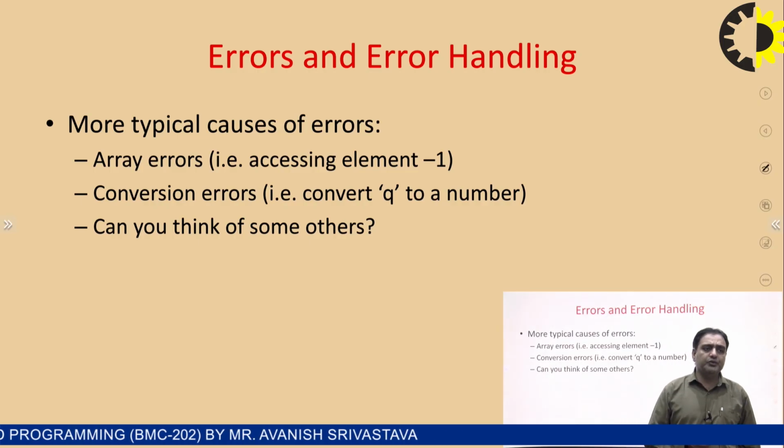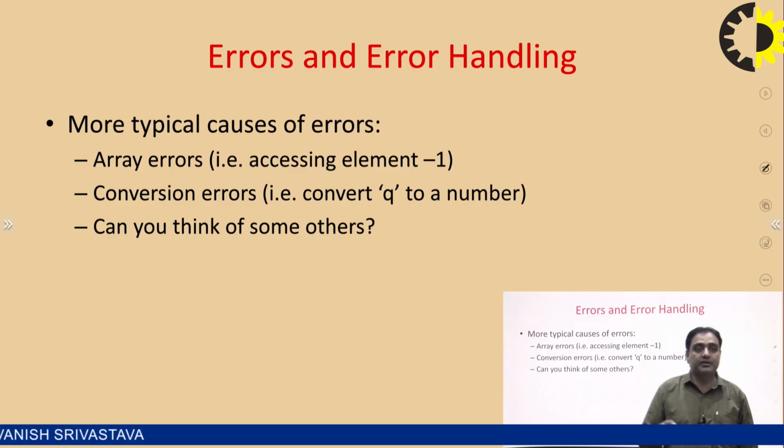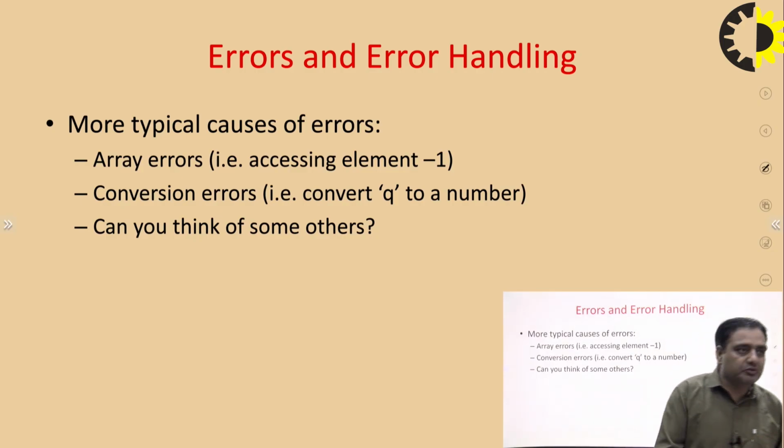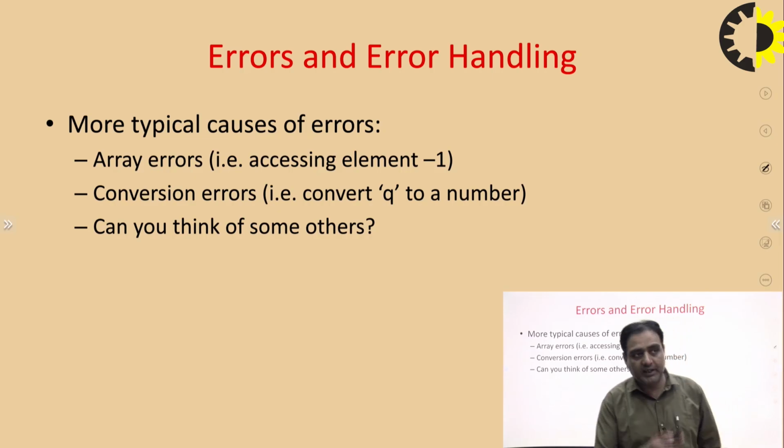If you want to access the element stored in x -1, that is not possible, because a negative index value is not valid. So this type is an array error.